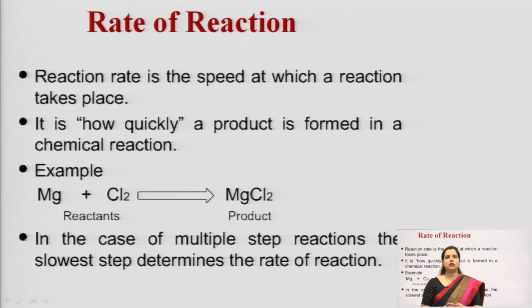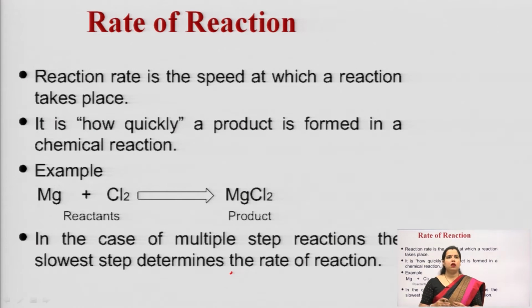So, reaction rate is the speed at which a reaction takes place, right. It is how quickly a product is formed in a chemical reaction. It is very important to identify the rate of reactions, so that we can have an idea about how much time is required to complete a particular reaction to get the optimum amount of finished product at the end of the reaction.